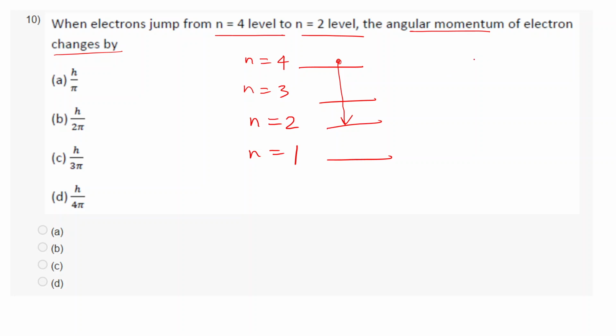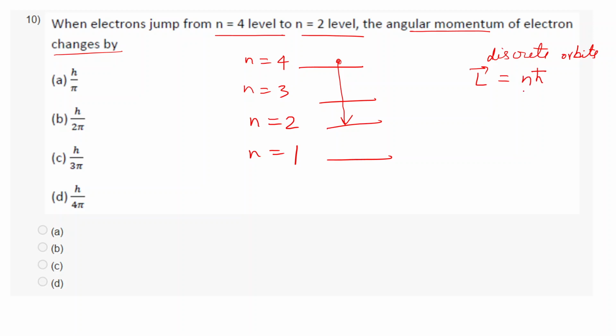If you recall, this was given by Niels Bohr, that an electron moves or revolves around the nucleus in an atom in discrete orbits, right? And its angular momentum is an integral multiple of h bar.